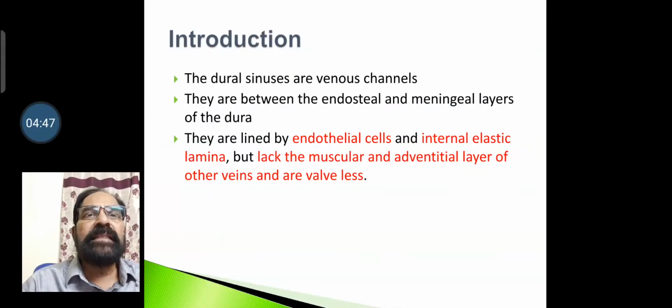So dural sinuses or venous channels, they are between endosteal and meningeal layers of dura. It is lined by endothelial cells and internal elastic lamina, but they lack the muscular and adventitial layer of other veins and are valveless.